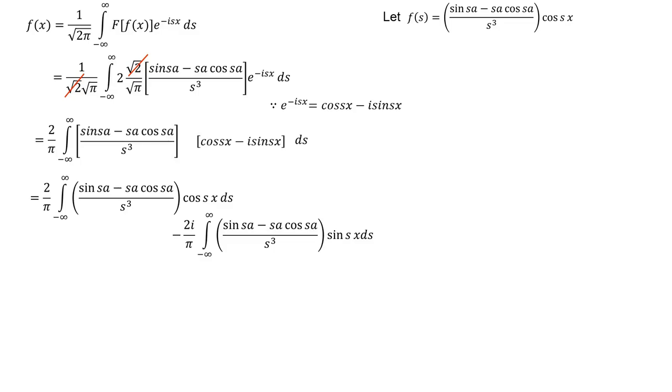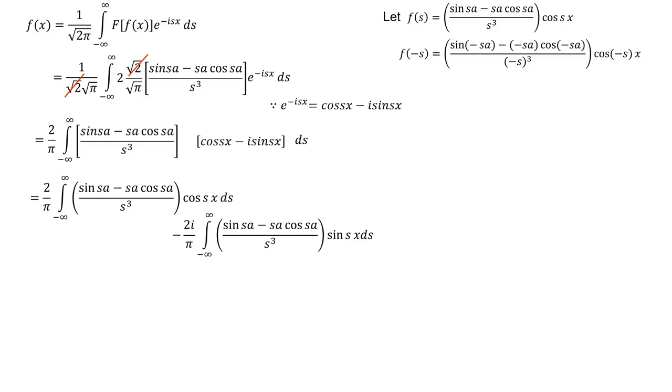When we replace s by minus s, we get f of minus s equal to sin of minus sa minus (minus s) into a cos minus sa, divided by minus s the whole cube, into cos of minus s into x.